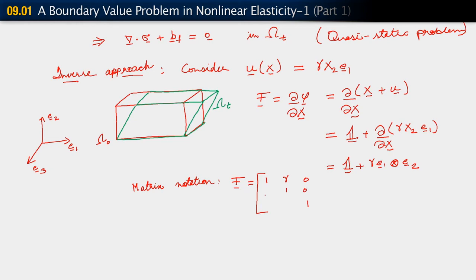Everything else is 0. Excellent. So we have that. Let's go ahead and put down the other tensors. Because we're talking of an isotropic material, we need B, which is F F transpose.